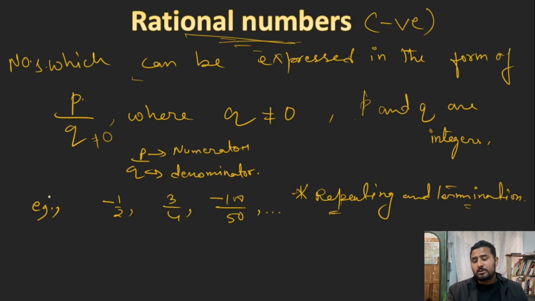Now after learning rational numbers, what are irrational numbers? There's one more number called irrational numbers.